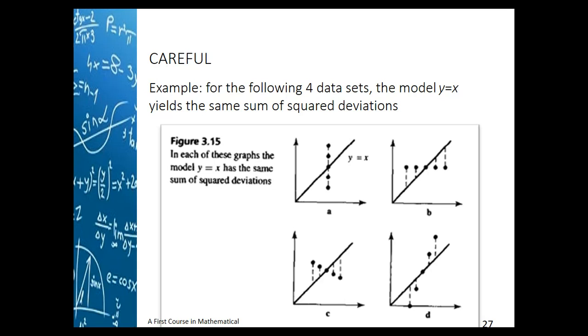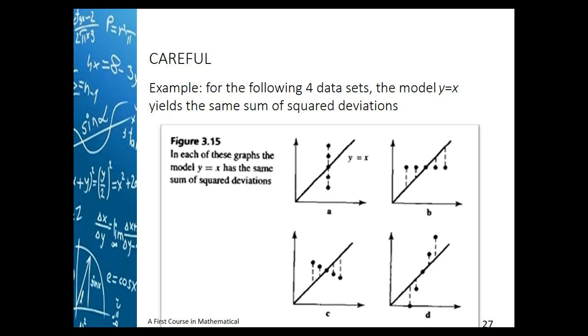In the meantime, when you have D as an illustration, your data disperse, and your straight line, your y equals x, is now quite a good reflection of your estimation for the right sum of square deviation that we originally want.